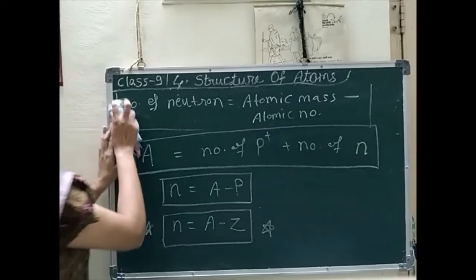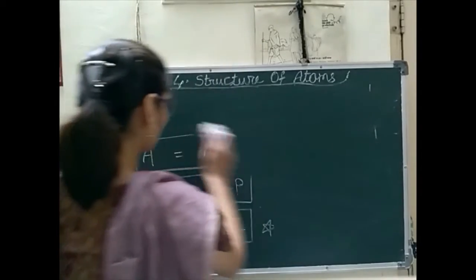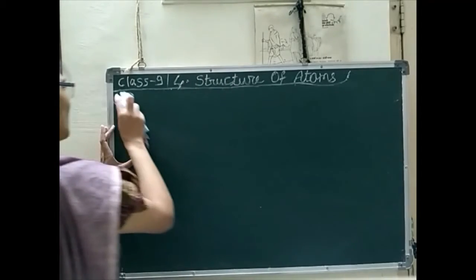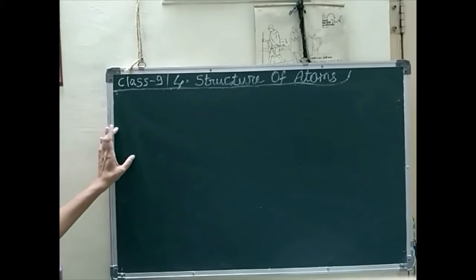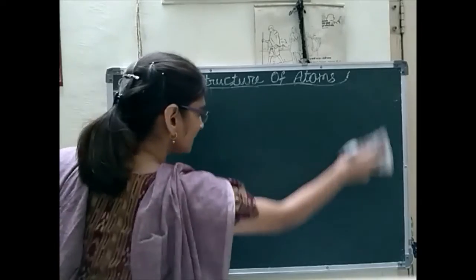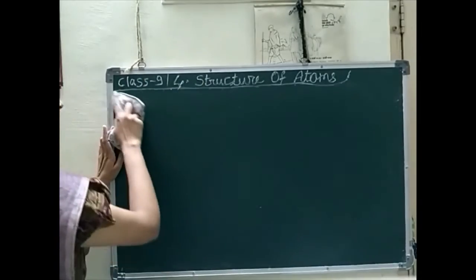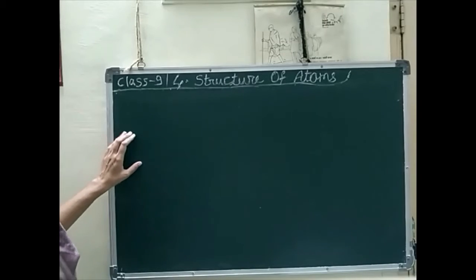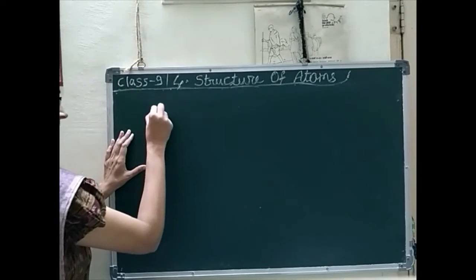Now we will see how the atomic mass and atomic number are denoted for any atom. Suppose X is any atom.